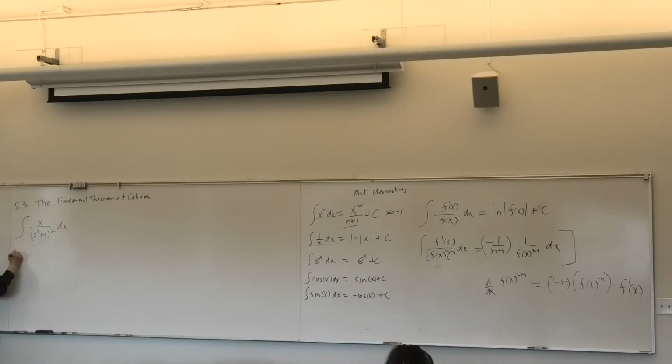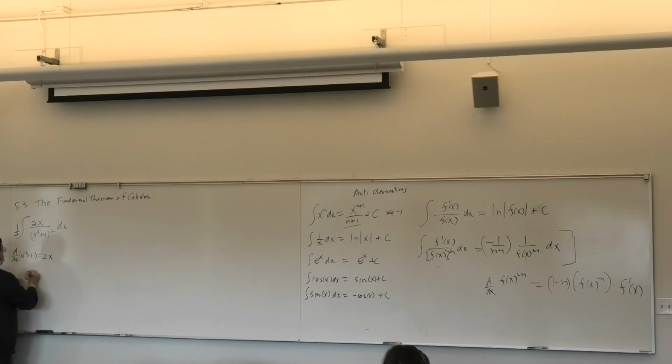Well, again, I take a look and I see that the derivative of x squared plus 1 is 2x. Well, I don't have 2x here, do I? But it's easy to make it into 2x.